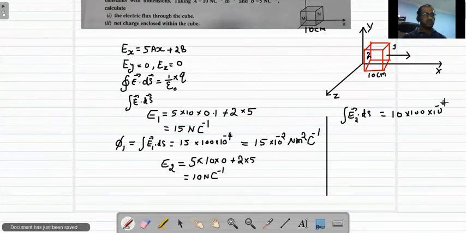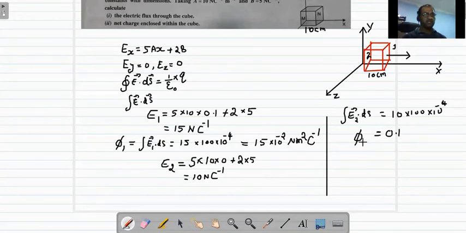Here I am writing E2 dot ds, which will be equal to 10 into 100 into 10 raised to minus 4. So it is 10 raised to minus 1, or 0.1 Newton per coulomb. This will be phi 2.